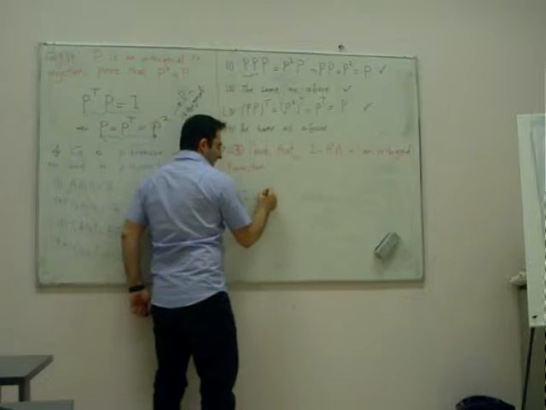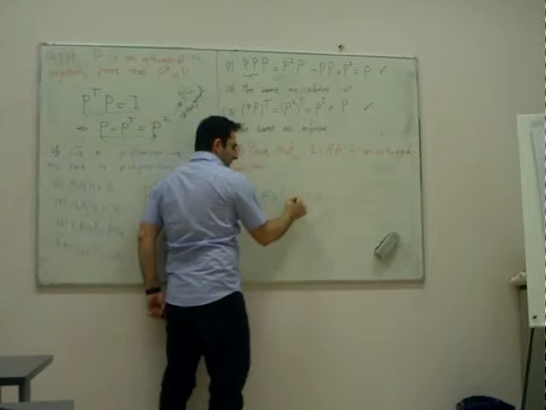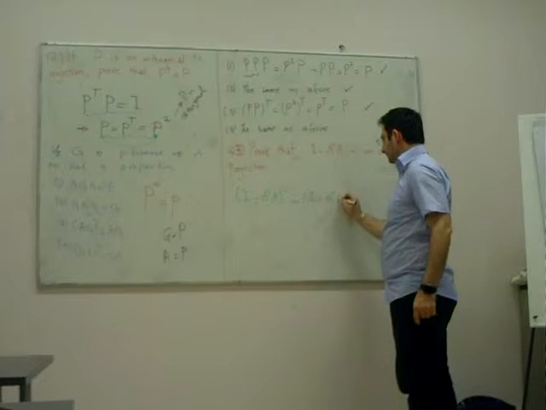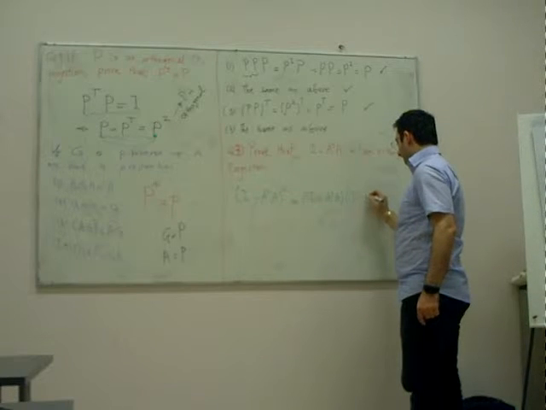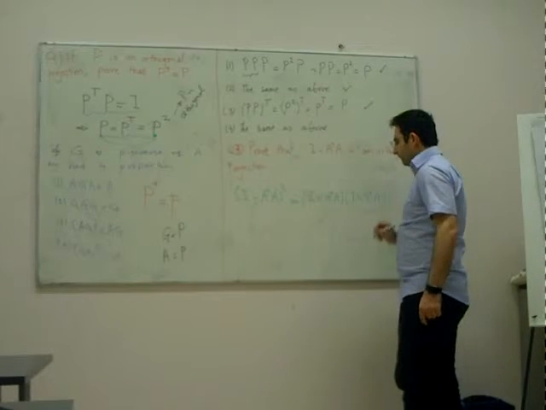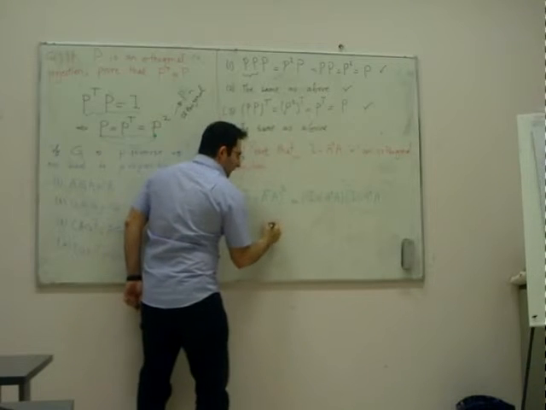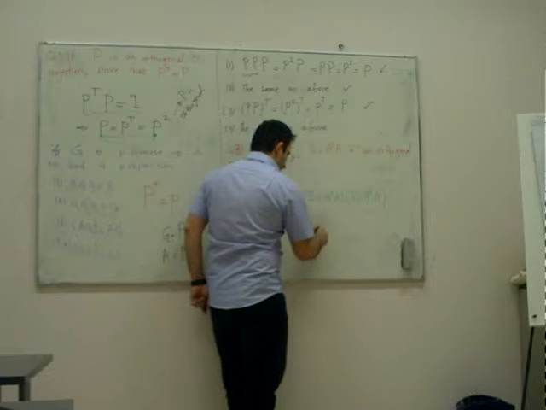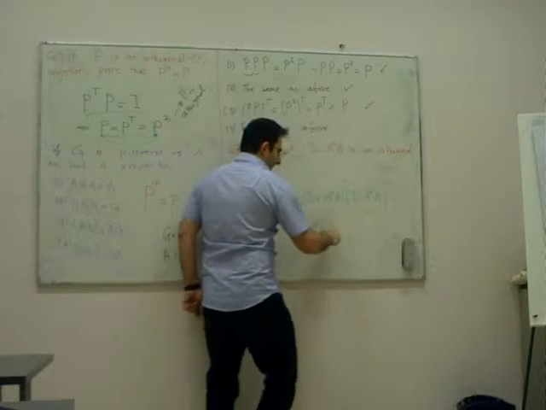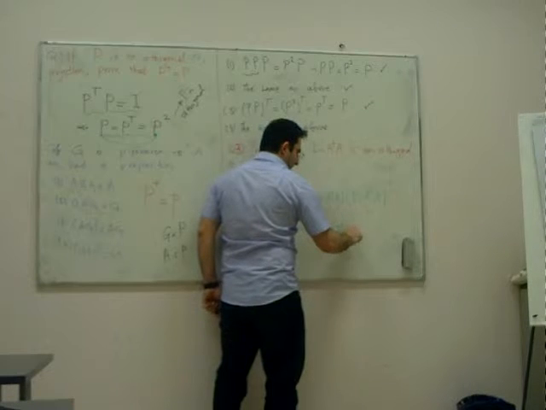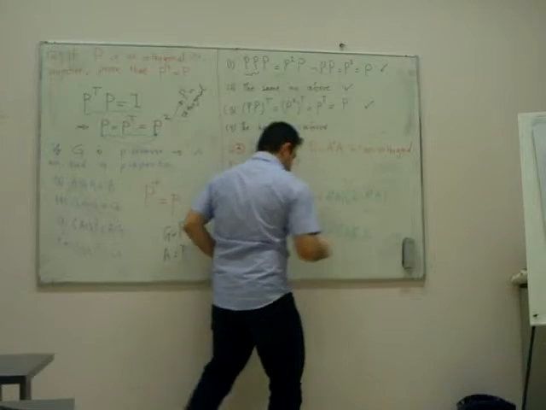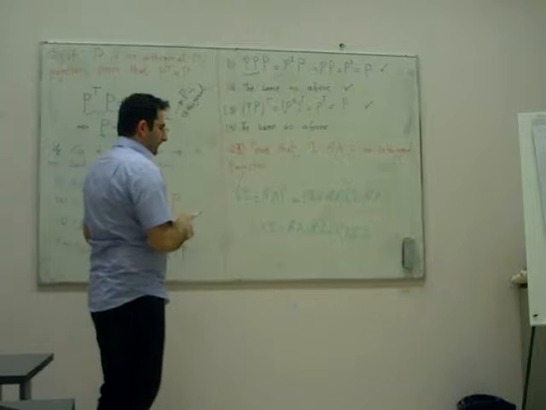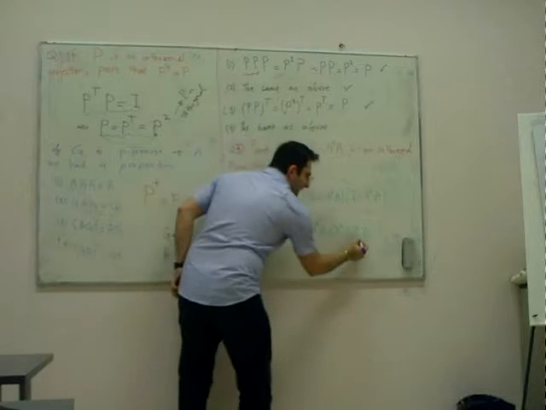See what is (I minus A plus A) squared. So we do the multiplication, it's (I minus A plus A) times (I minus A plus A). What is this?